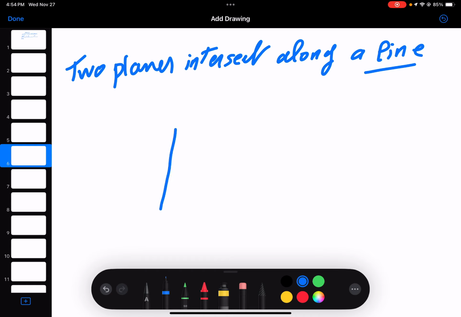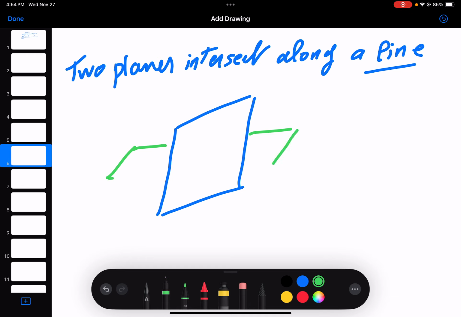So let's say we have a blue plane and we have a green plane.